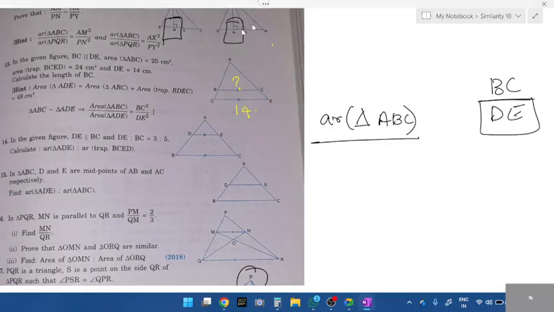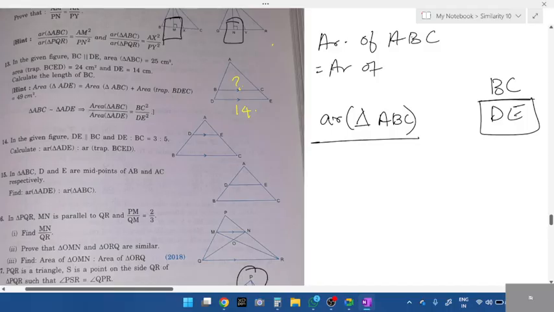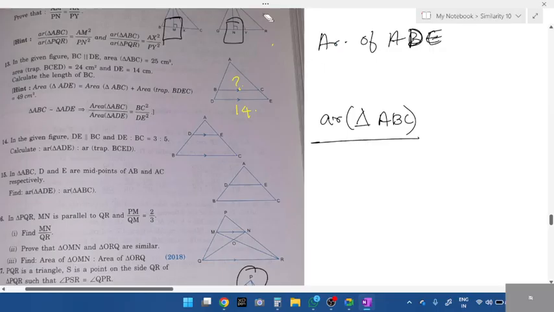So write the statement here. Area of ADE, that is the larger triangle, is equal to area of triangle ABC plus area of trapezium.